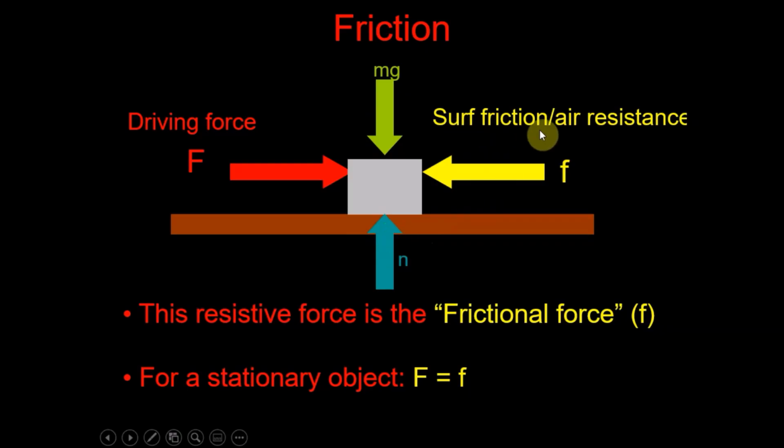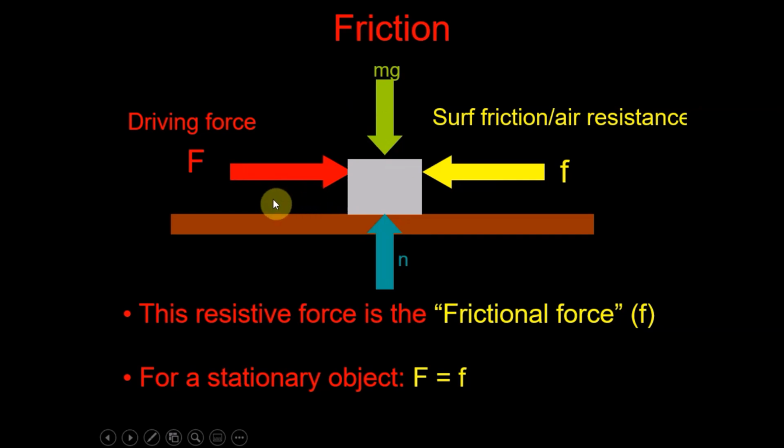This will be surface friction, and will provide a resistant force opposite to the direction of our motion. Here we have mg downwards, we have N upwards, so in our y direction our forces should cancel, negative mg, positive mg. And in this direction, F and f.